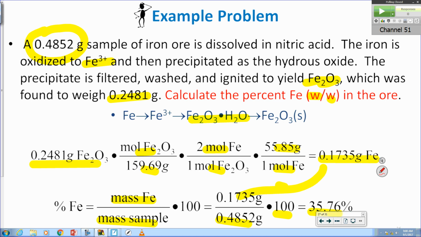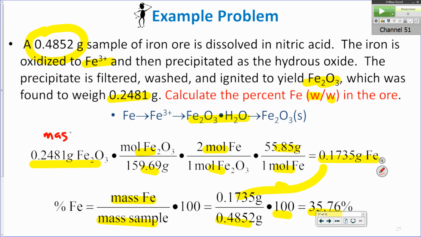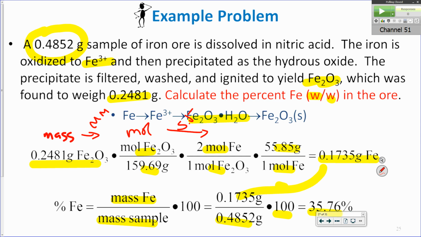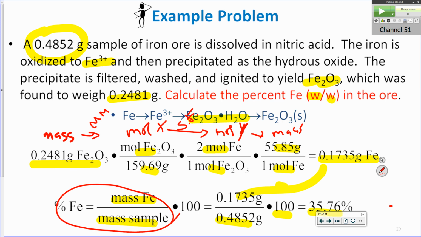So we went from mass to moles, and of course we do that conversion with a molar mass of something, and then we use the stoichiometric factor to go to moles of one material, so from moles of X to moles of Y. And then we went back to mass in this one. And finally, we've got mass of the material, and we could use that to calculate our percent mass. That's the strategy that we used on that problem.